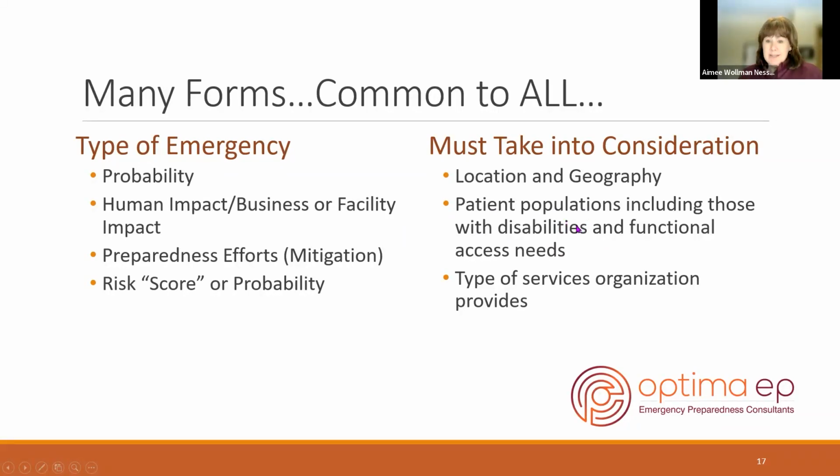You don't have ICUs, but you also have a lot of residents who aren't mobile and can't evacuate by just hopping on a bus, right? So you need to take that type of thing into consideration, as well as the types of services that you provide. Again, if you're a dialysis center or an ambulatory surgical center, you're going to have different risks and different hazards than an outpatient facility or outpatient service like a home health care agency.